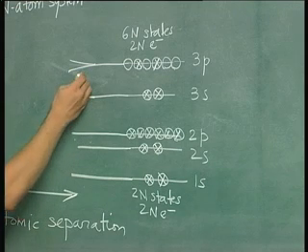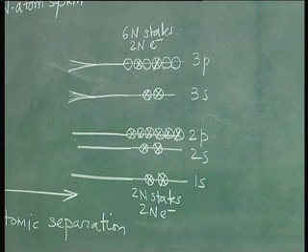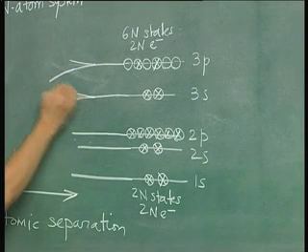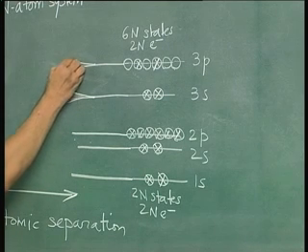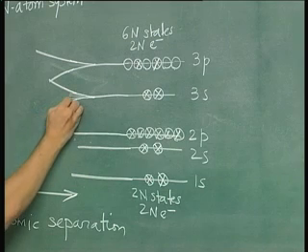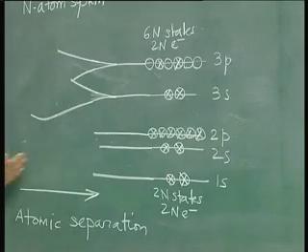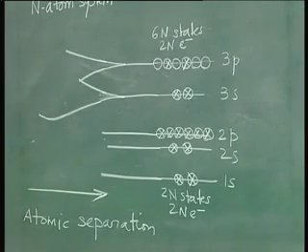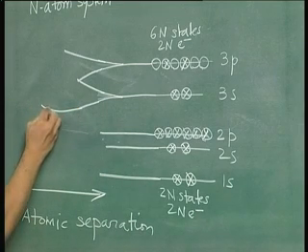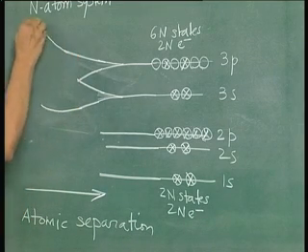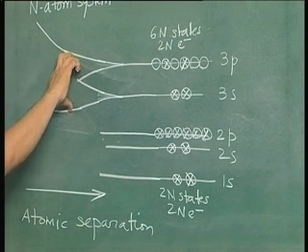Now if you reduce the atomic separation further, calculations indicate that these two bands merge for some atomic separation, and if you go down further, you have a single continuous band.